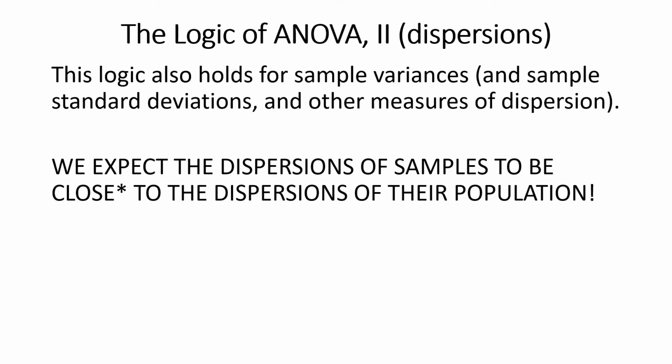So this logic holds for sample variances and also sample standard deviations and other measures of dispersion, so that we would expect that if we took three samples, and these three samples all came from the same population, we would expect not only their sample means to be similar, but their variances or their standard deviations to be similar as well.